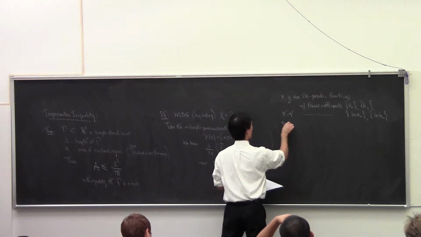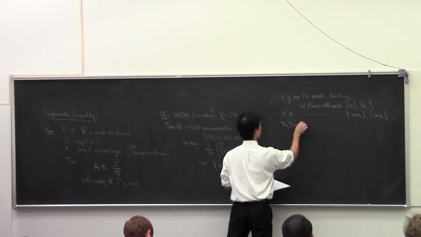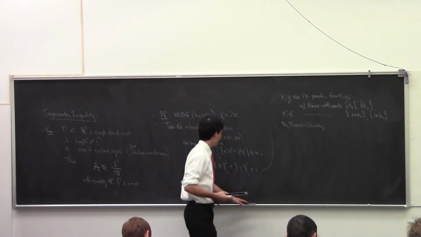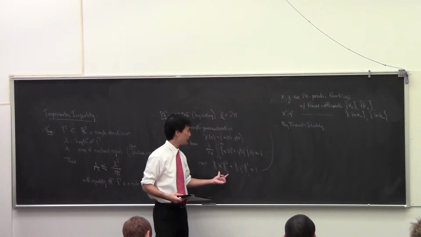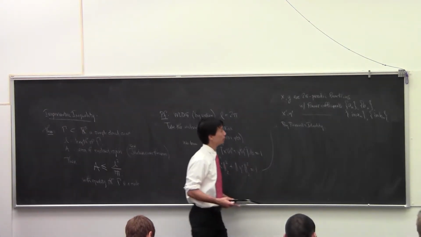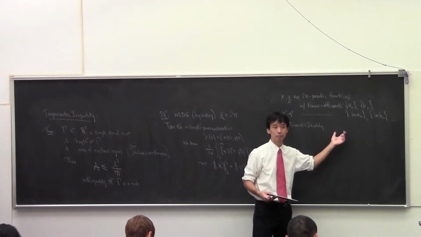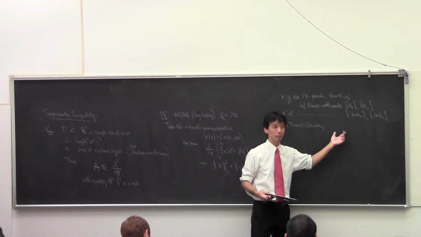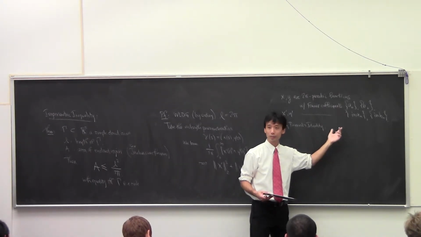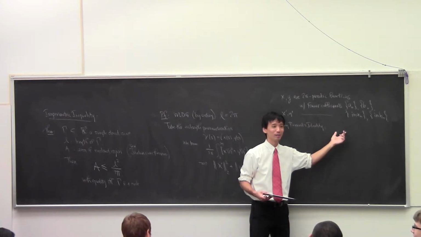By Parseval's identity, what do we get? Well, here is the L2 norm of the derivative squared. So what does that turn into? Parseval's identity, which you should know in 2 days' time.